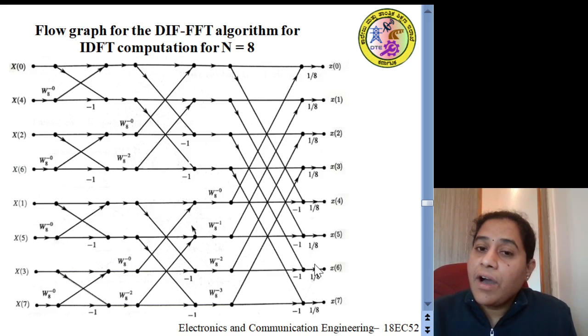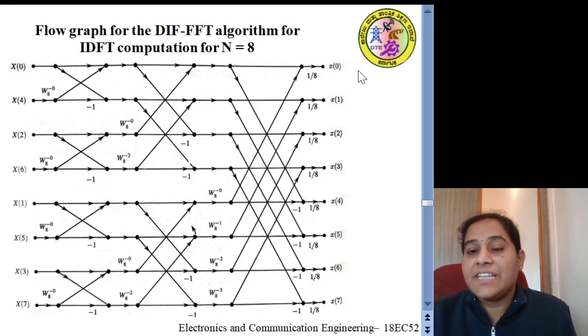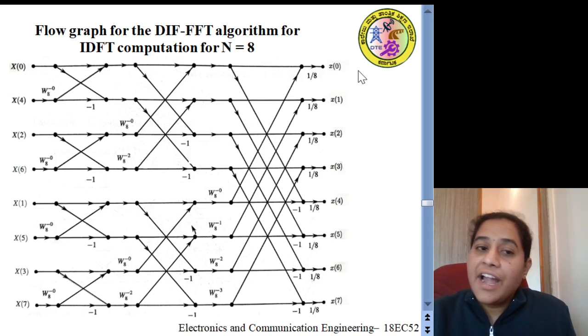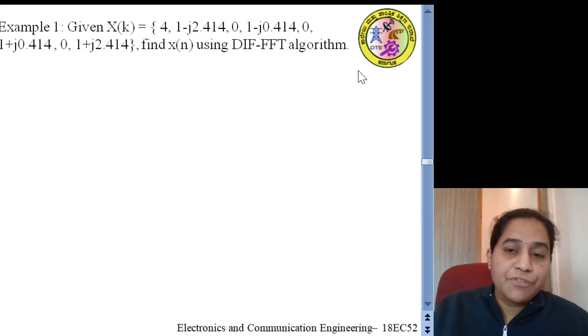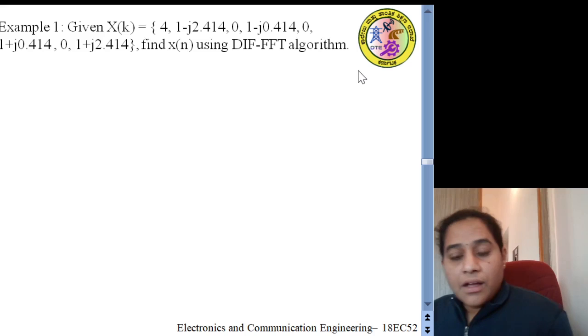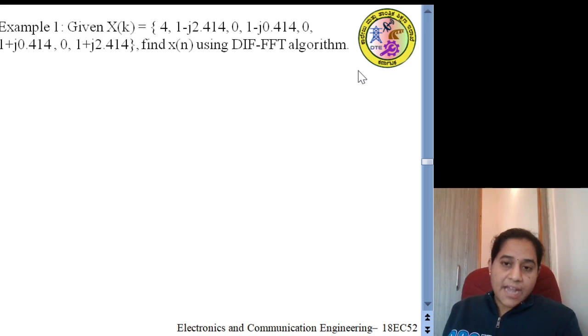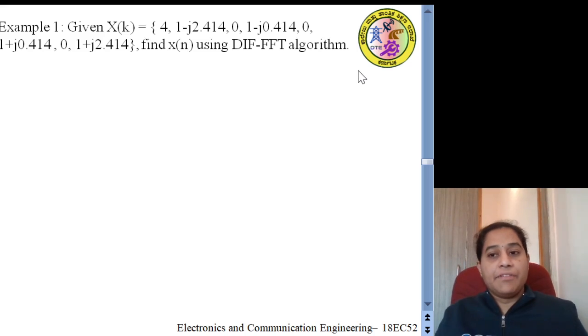So for bit reversed frequency samples, we obtain natural order time domain samples. That's it, using the DIF-FFT algorithm for IDFT computation. Now let's look at some examples to understand this algorithm in a better way.